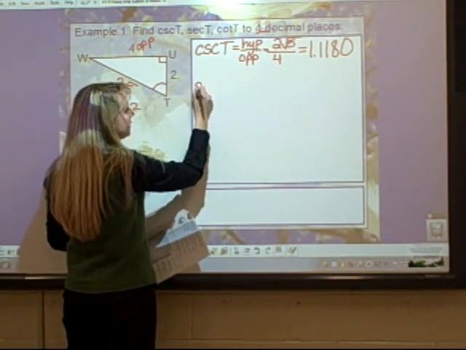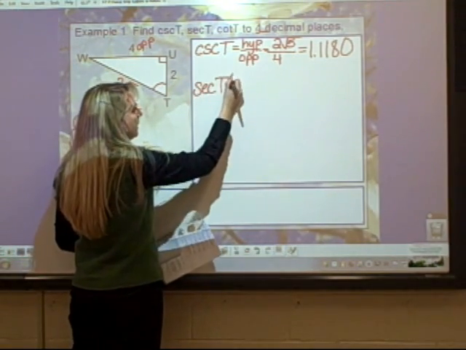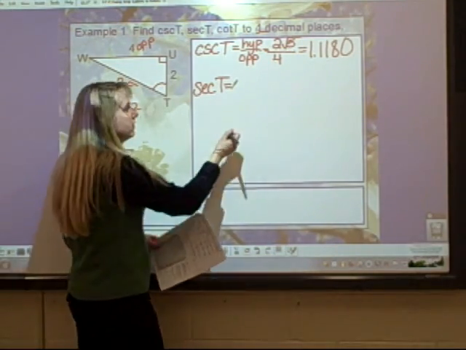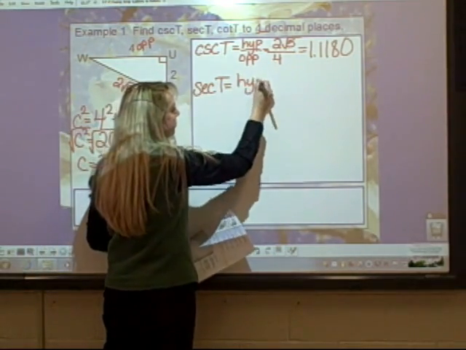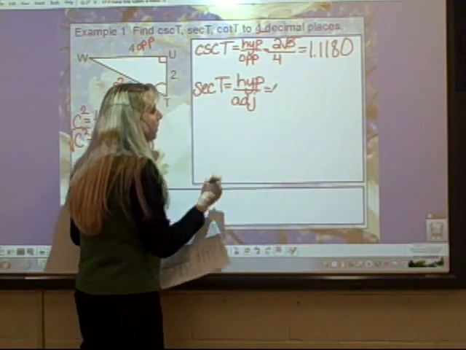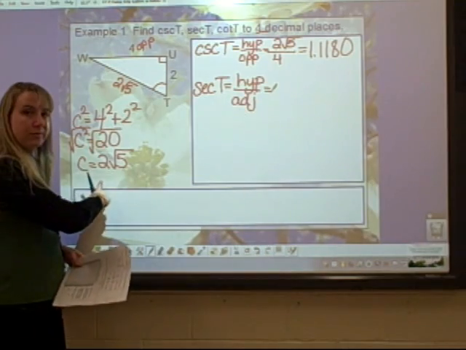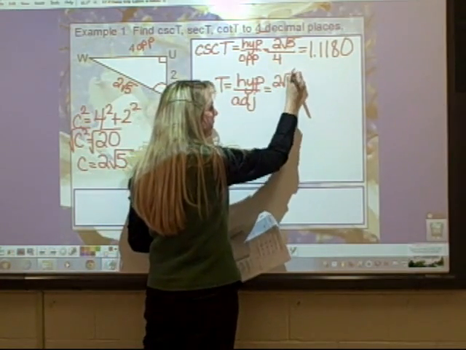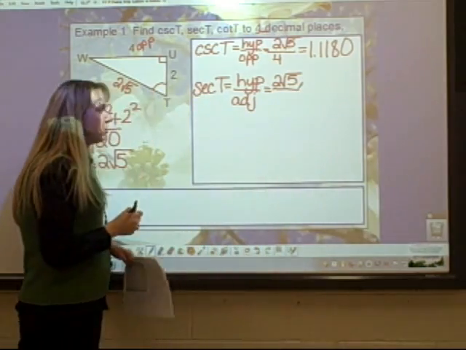Now let's do the secant of t. And if we refer back to our ratio, the secant of t is the hypotenuse over the adjacent. We know that the hypotenuse is 2 root 5, or since we're going to calculate it, we can use the square root of 20 over the adjacent leg.